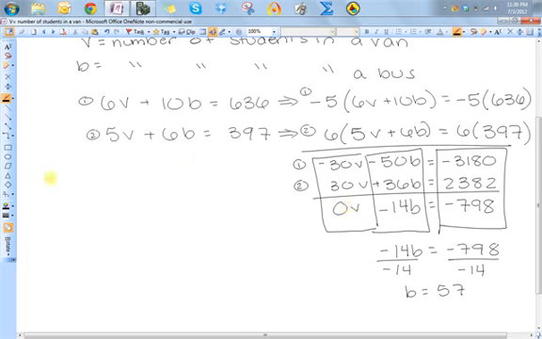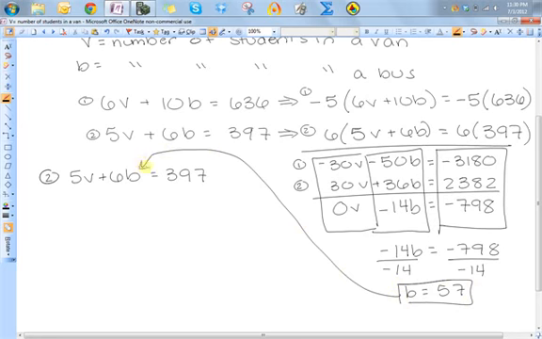Okay, so let's just use the second equation. 5v plus 6b equals 397. And I'm just going to substitute this b in there. So I have 5v plus 6 times 57 equals 397.